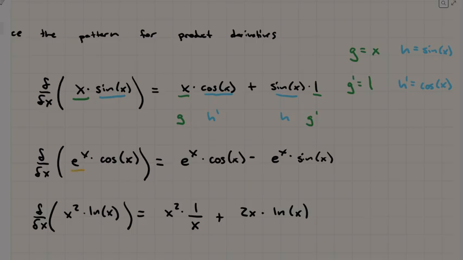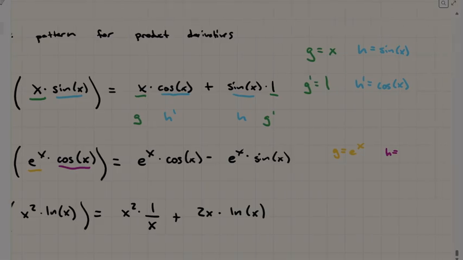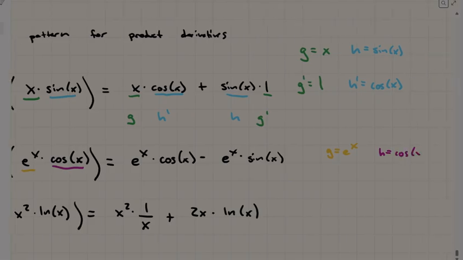So e to the x, if we say g equals e to the x and h equals cosine of x, well, we already proved that the derivative of cosine is negative sine, and the derivative of e to the x is itself, e to the x.